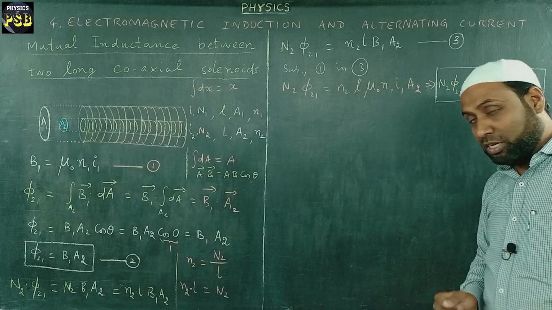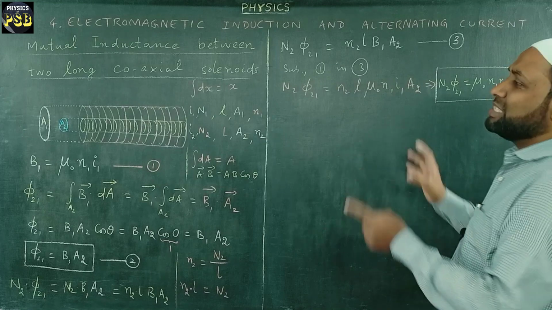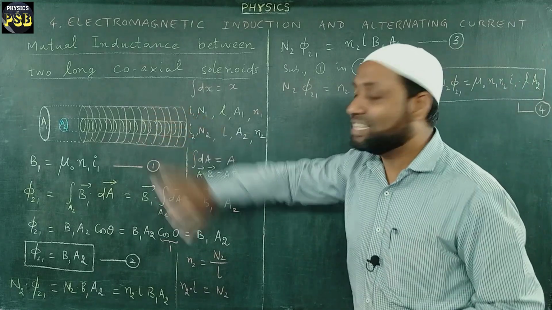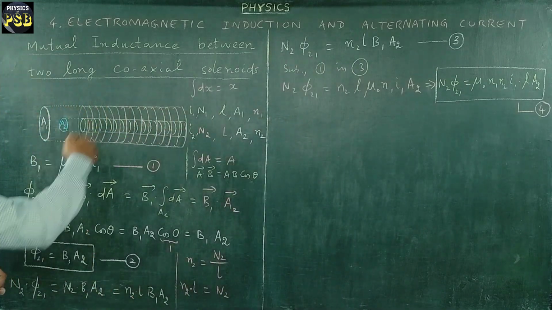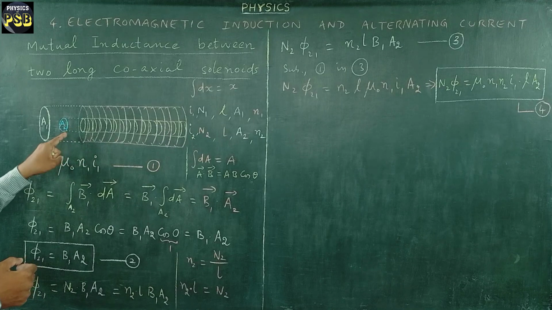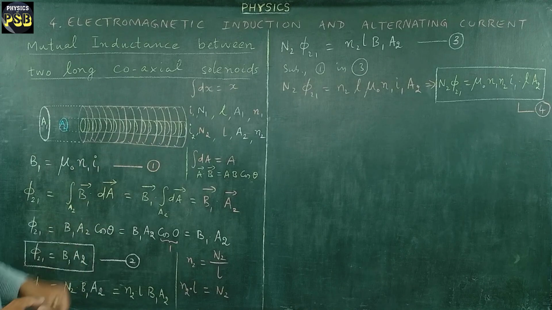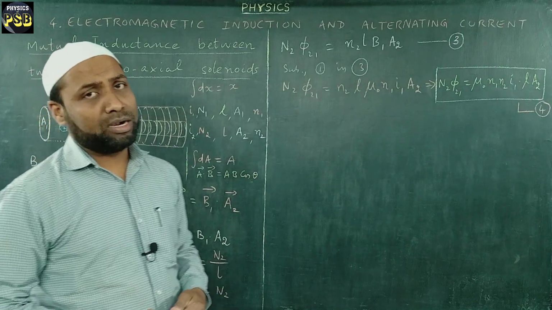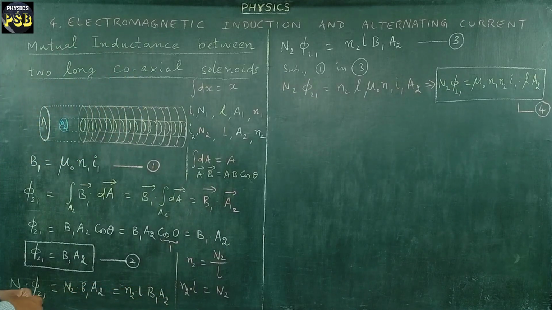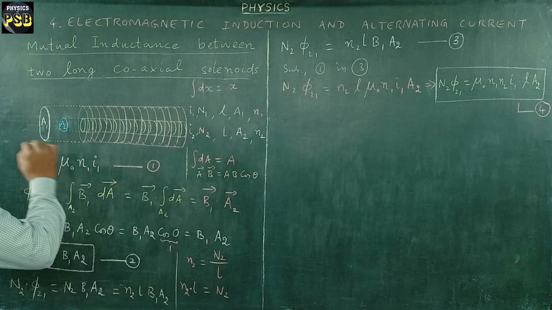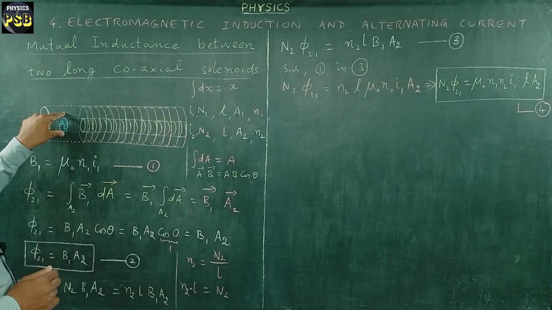Now I proceed. Whatever I have done with the second solenoid, I am going to find out all those terms related to the first solenoid. Now we pass current I2 through solenoid 2. When you pass current I2 through solenoid 2, it produces a magnetic field around it. This magnetic field will have magnetic field lines present along the axis of the second solenoid.